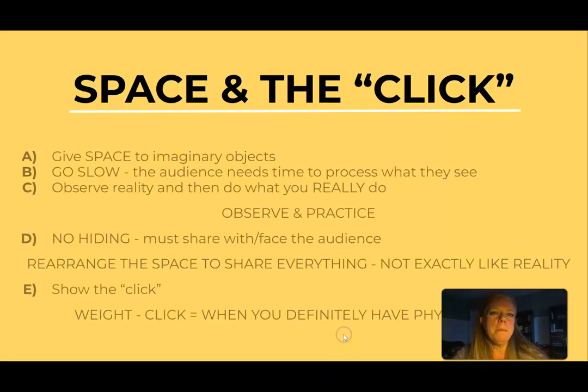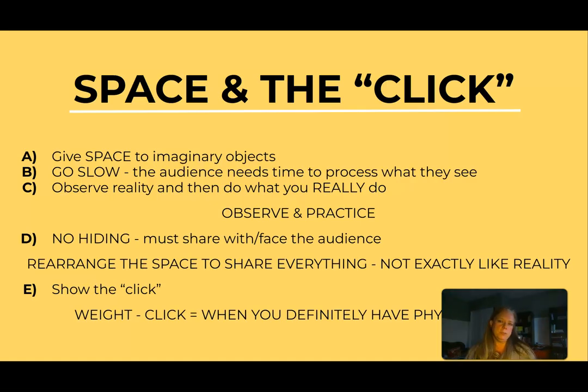When we talk about making the invisible visible, we need to remember a couple of things. Real things take up space and have weight. And so if you are going to use imaginary objects in your acting, you have to give space to that imaginary object.